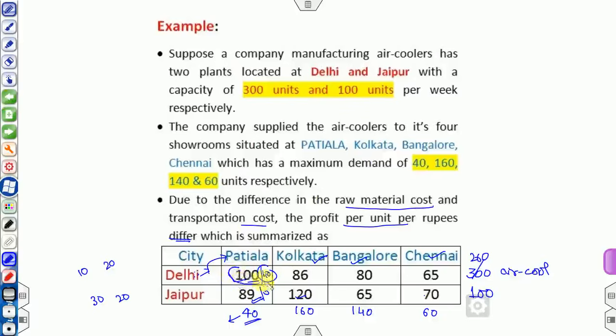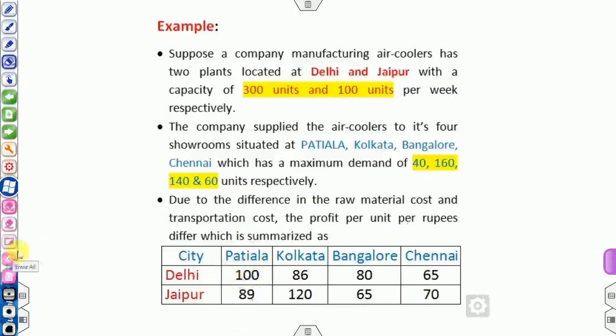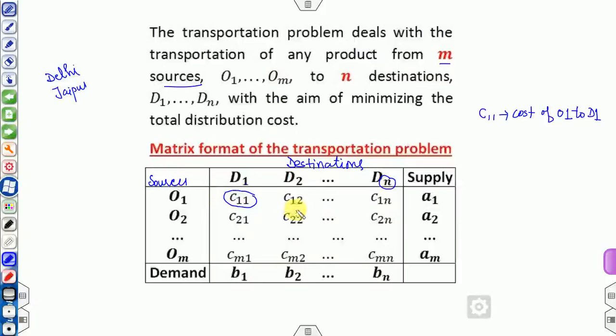C11 means you have to transport from the plant in Delhi to the city Patiala. Now similarly, C12 is the transportation cost of the source O1 to D2, and so on.